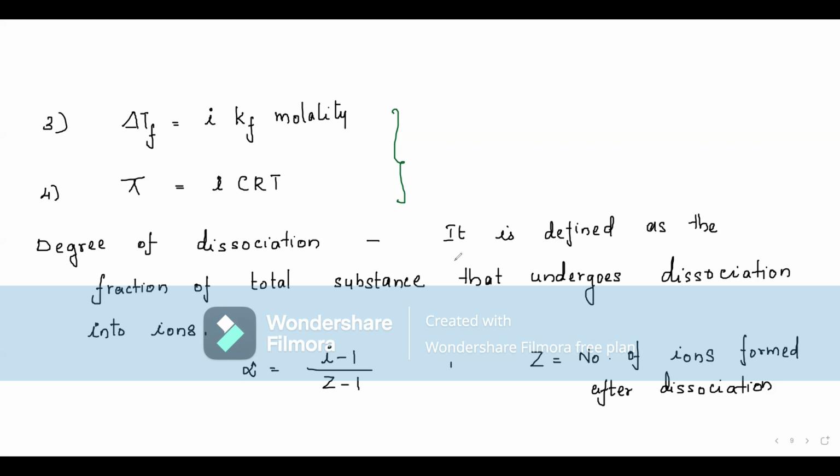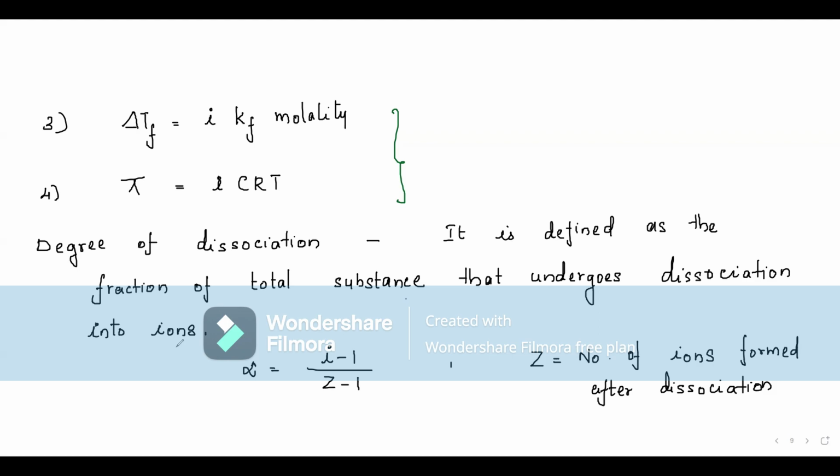Probably 99.25% will undergo dissociation, and the remaining 0.75% will remain without any dissociation. So degree of dissociation is defined as the fraction of total substance that undergoes dissociation into ions.